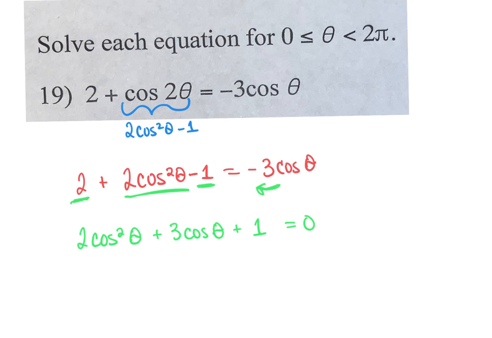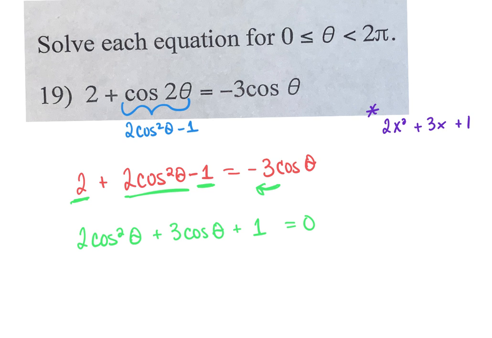Now, the easiest way to factor this is to think of those as x squared. So I'm going to do this little sidebar over here. I have 2x squared plus 3x plus 1. That's what I need to factor. Okay? Does that make sense? Yes.